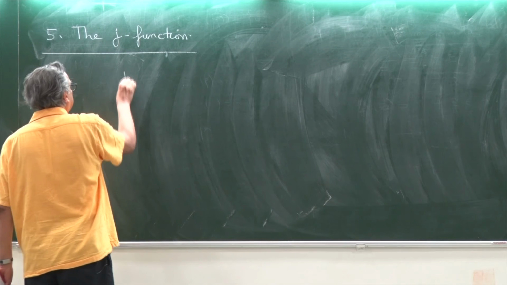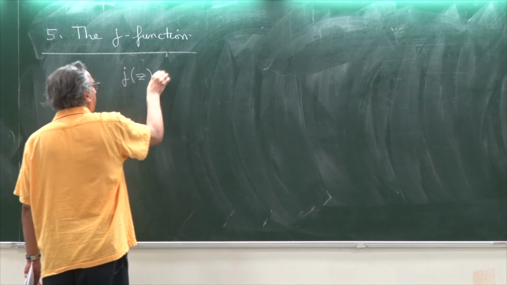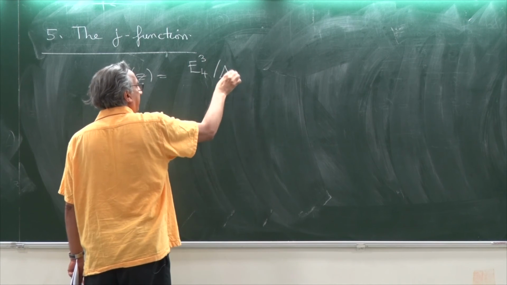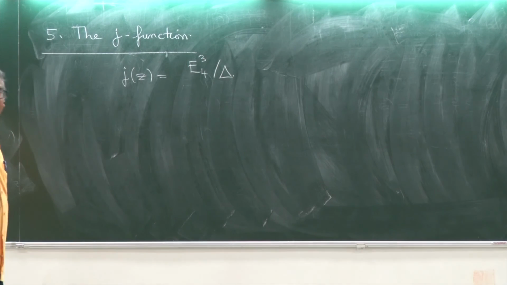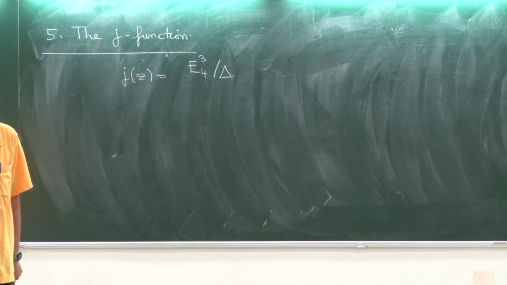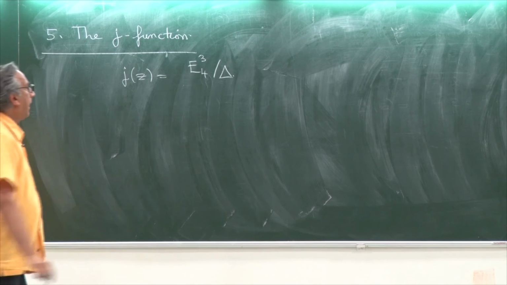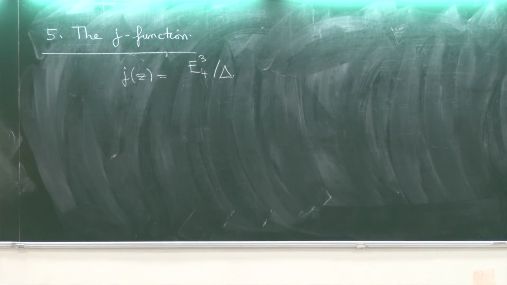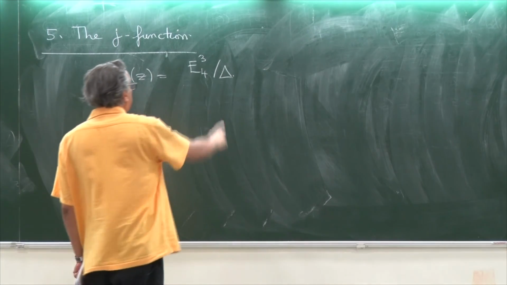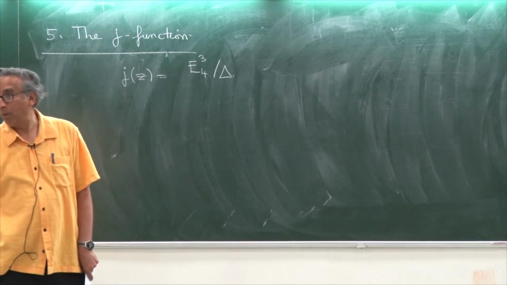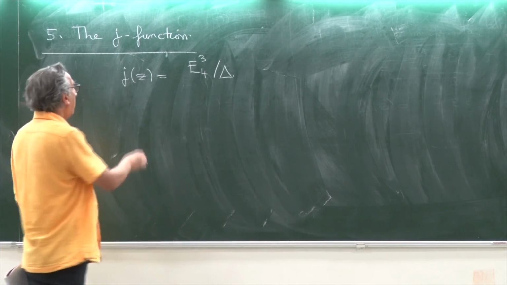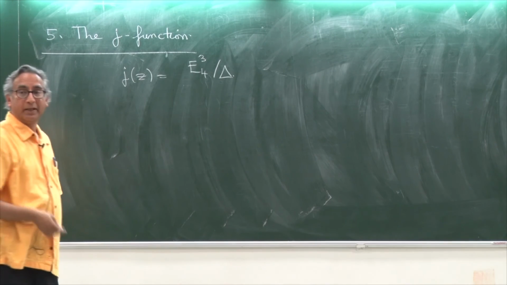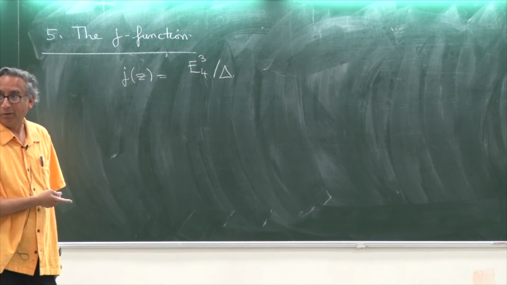The J function, J of z, is simply E4 cubed divided by delta. So E4 cubed is weight 12, and delta is weight 12. And as you know, delta vanishes at infinity, so there's got to be a pole at infinity. Moreover, because this is weight 12 and this is weight 12, this has to be weight 0, but it can't be a holomorphic thing. It has a pole, right?